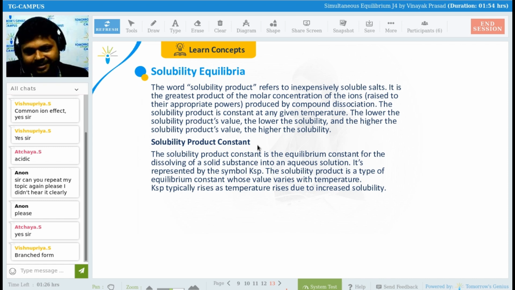Basically, buffers resist pH change, and a real life example is blood. It's a solution that resists a change in pH when we add a small amount of acid or strong base into the solution. The change will be little when compared with a normal solution.